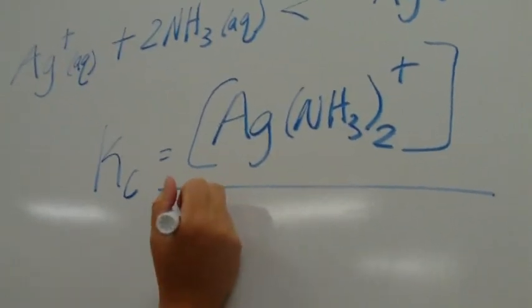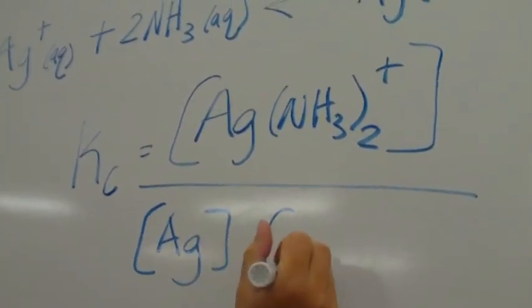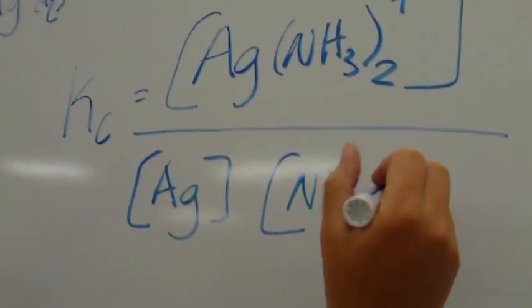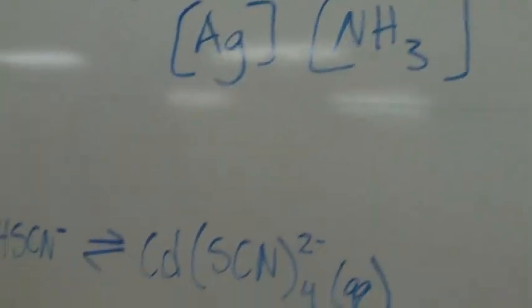Reactants is just going to be Ag times NH3, and this has a coefficient of 2, so we're going to raise that to the power of 2, and that's that for that one.